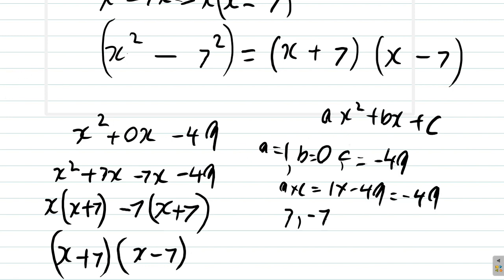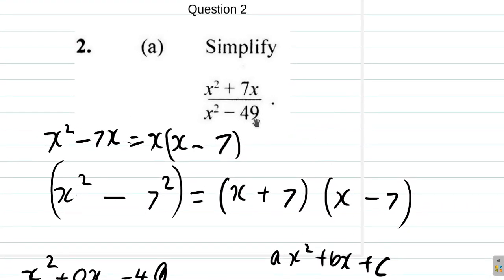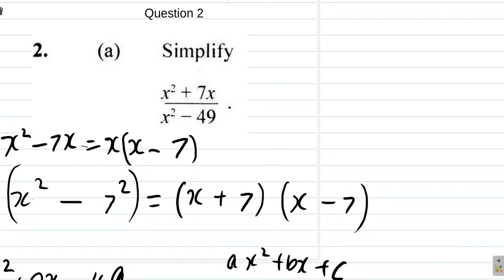So that was just a side discussion to show how this works. So what happened here now? The top part, x squared minus 7x, you factorize it, you get x times x minus 7, over.